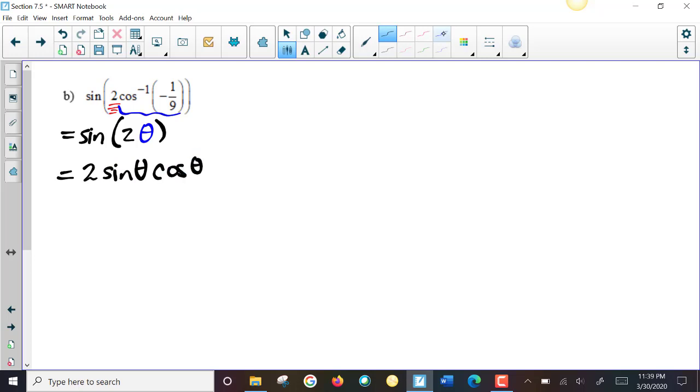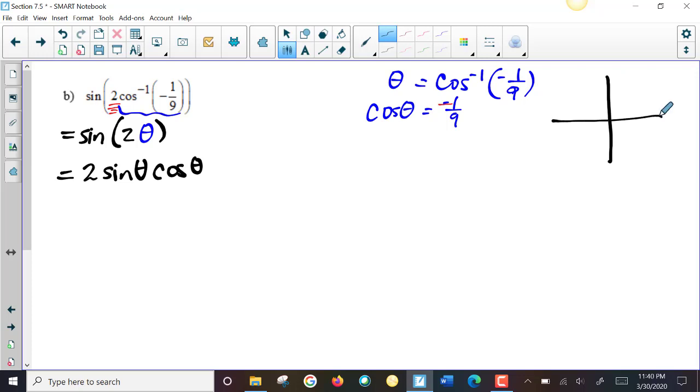All right, well, I know theta is the inverse cosine of -1/9, which means the cosine of theta is -1/9. Okay, we're talking cosine, negative. Inverse cosine is defined in quadrant, or would be in quadrant 2. So theta is in quadrant 2.